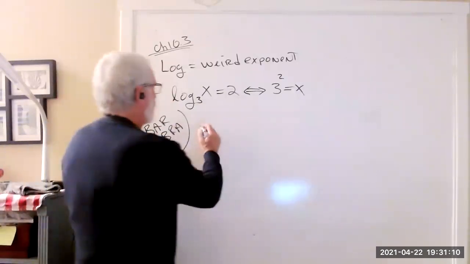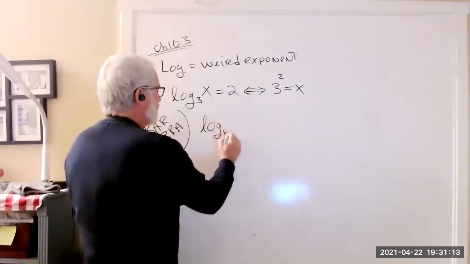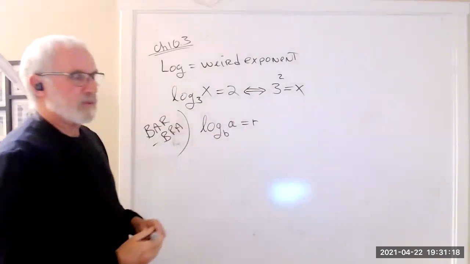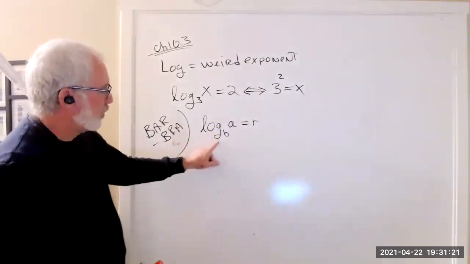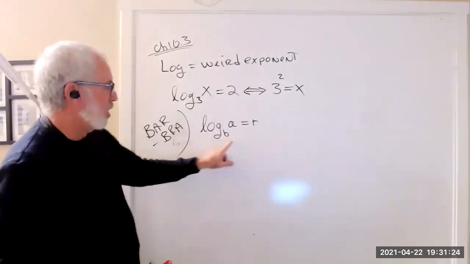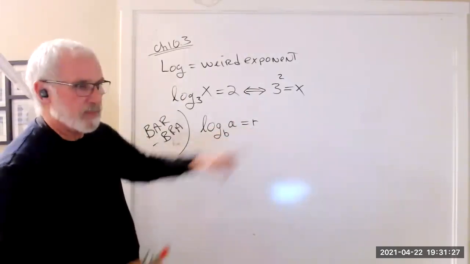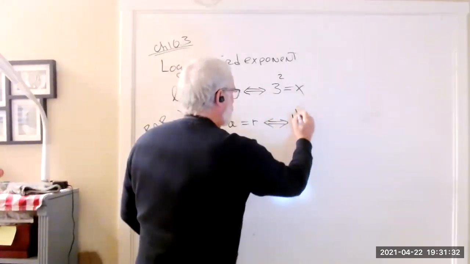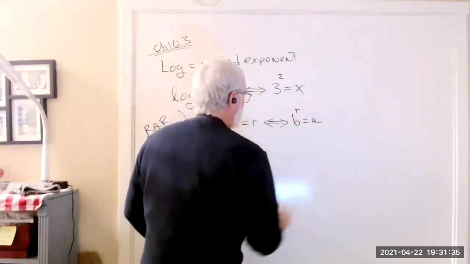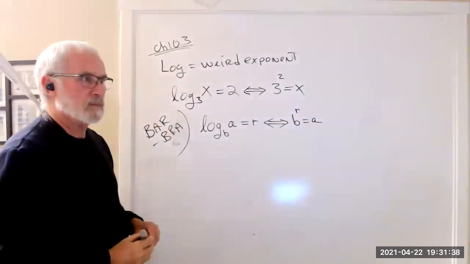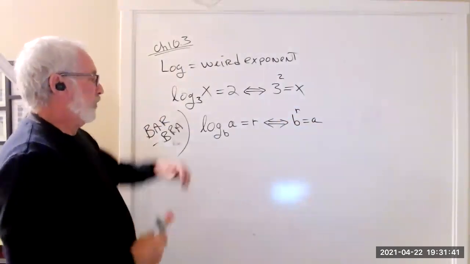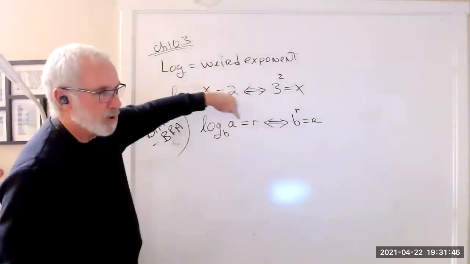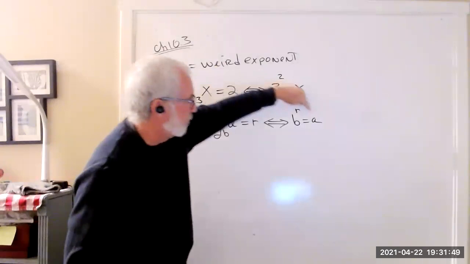If you have log base B of A equals R, a logarithmic equation, it is equivalent to B to the R equals A. So if you start at the bar, log of a bar, you end up with the bra.